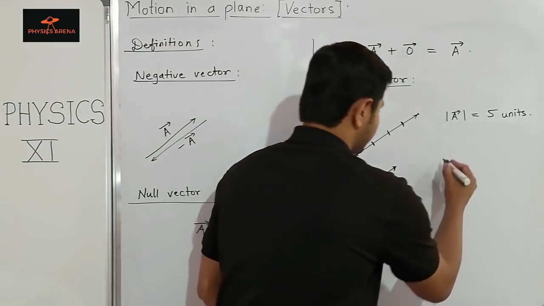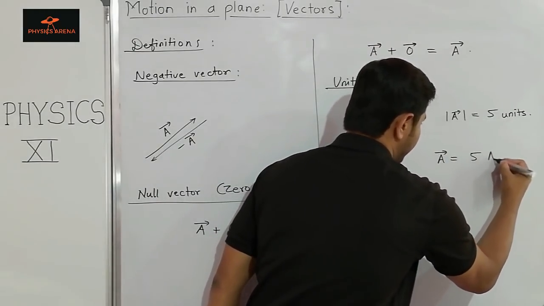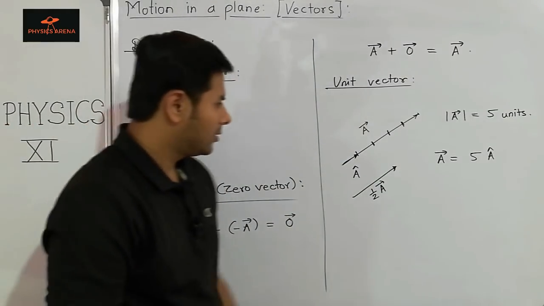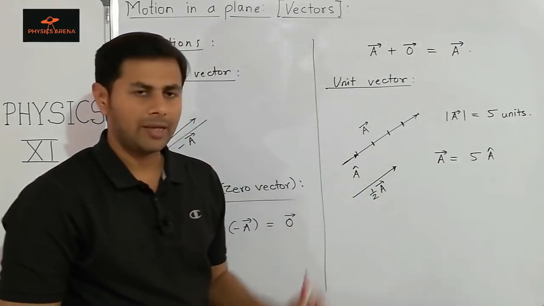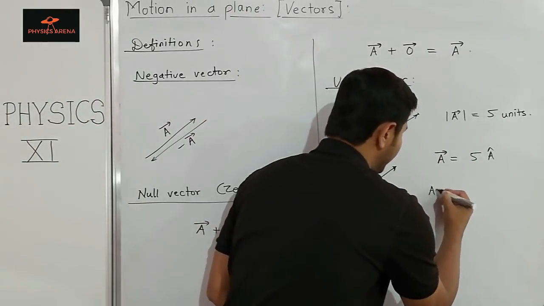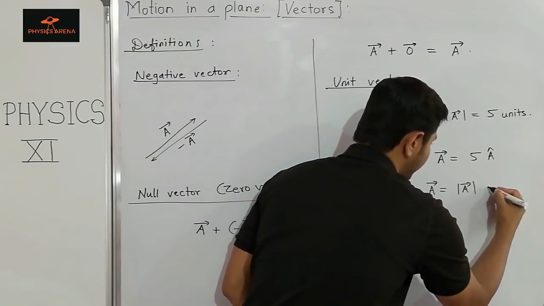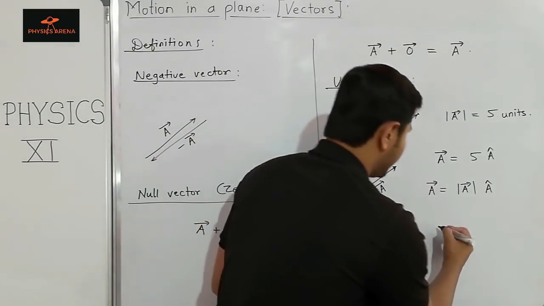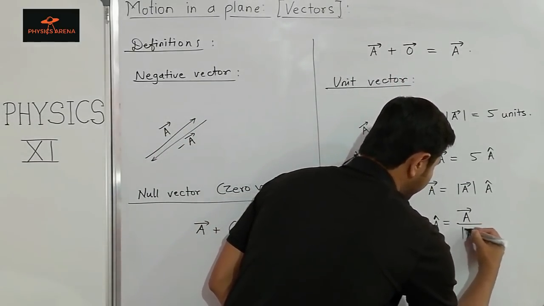So A bar is equal to 5 times this A cap, in this particular case, and 5 is the magnitude of A bar. So I can write A bar is equal to magnitude of A bar multiplied by A cap, or A cap is equal to A bar divided by its magnitude.